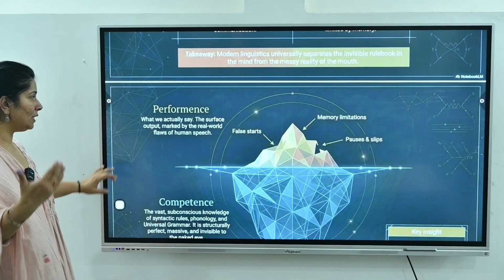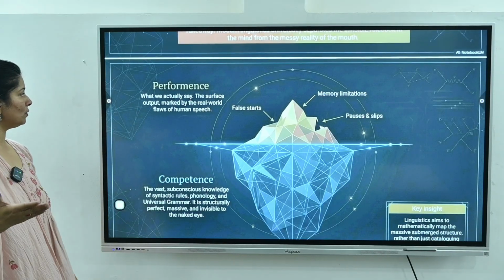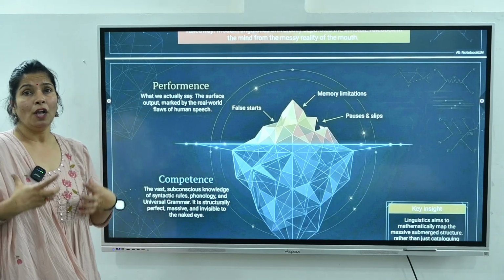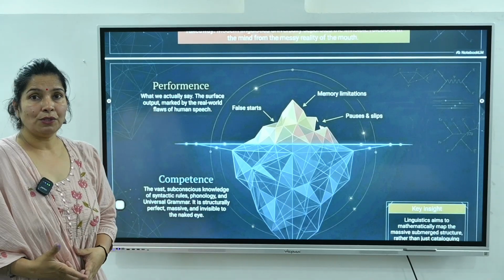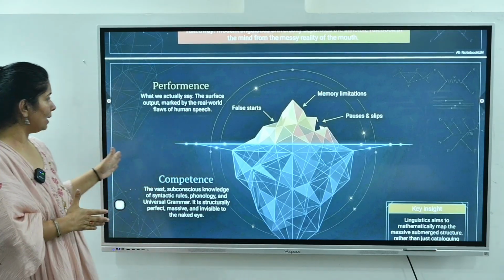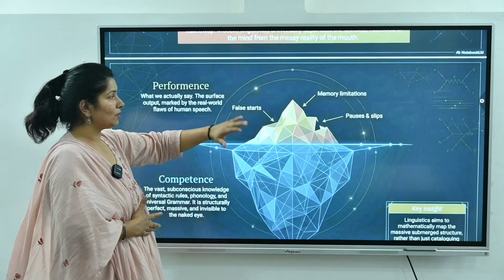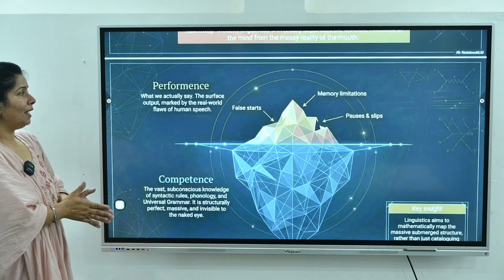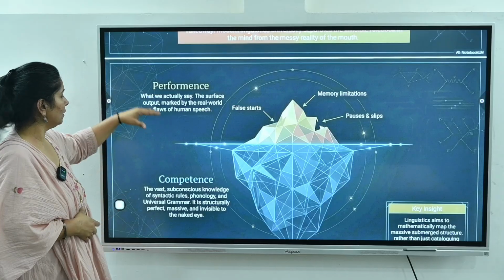Performance is what we actually say, the surface output marked by the real-world forms of human speech, how we speak the language. False starts, memory limitations, pauses and slips, all these key points are covered by performance.